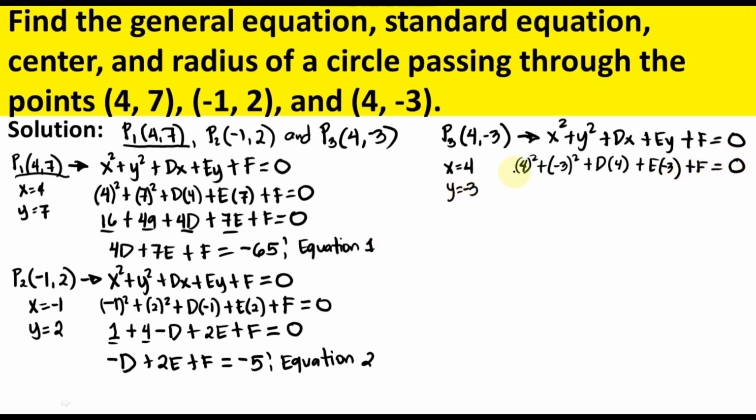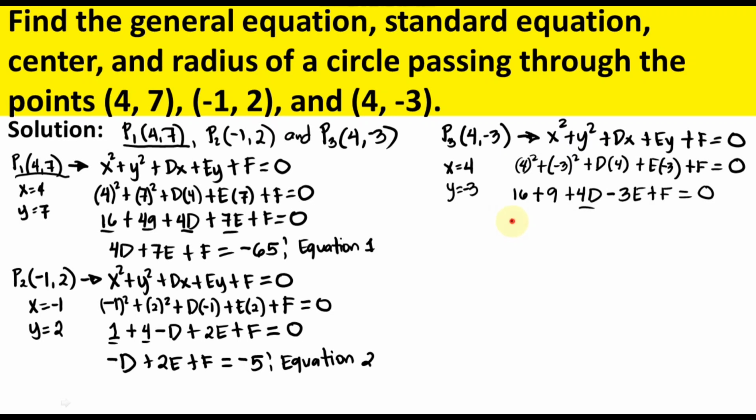Then simplify. 4 times 4, that is 16, plus negative 3 times negative 3, that is positive 9. Then 4 times d, that is 4d. Negative 3 times e, that is negative 3e. Plus f equals 0. Then simplify.